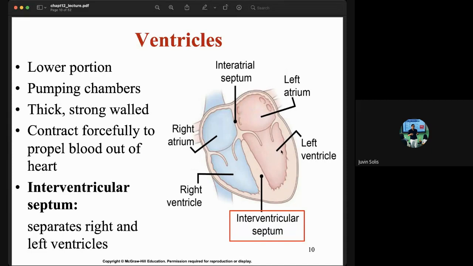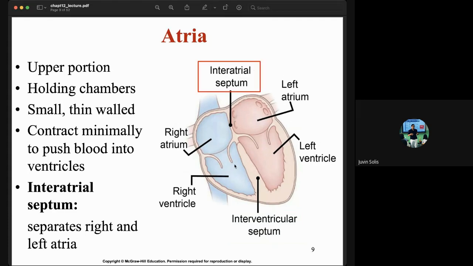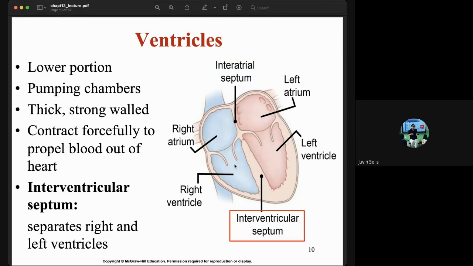So here on this part, dito na yung pumping chamber, dito mas malakas yung pagpitik ng ating mga puso. And again, it is separated by your interventricular septum. So this is your atria, left and right, in the middle the interatrial septum. Ventricles, also left and right, bottom part of the heart, separated by your interventricular septum.